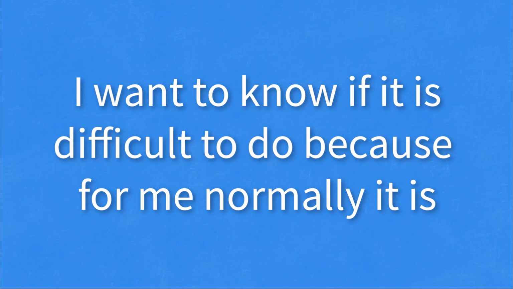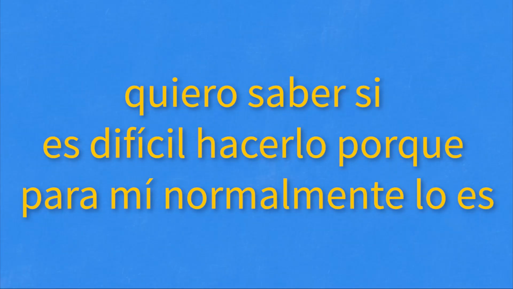Difícil? How would you say because it is difficult? Porque es difícil. Let's put them all together and say, I want to know if it is difficult to do because for me, normally it is. Quiero saber si es difícil hacerlo porque para mí normalmente lo es.